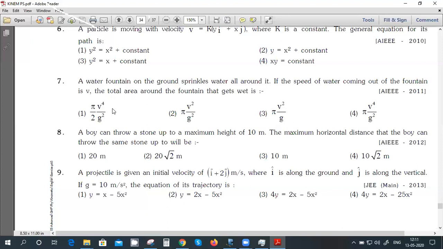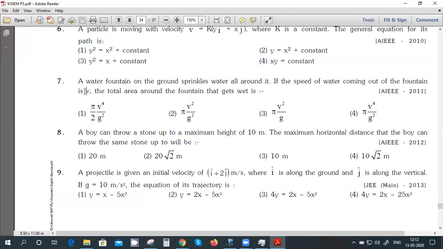Range you can find because V is given and theta should be given, right? How come theta is not given?